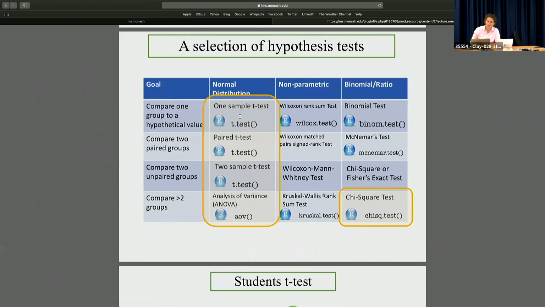And those were all to do with variables that are continuous and normally distributed. But we also spoke about measuring things that are not continuous, the things that are categorical, like colors, like handedness.